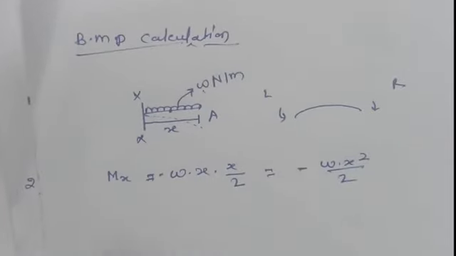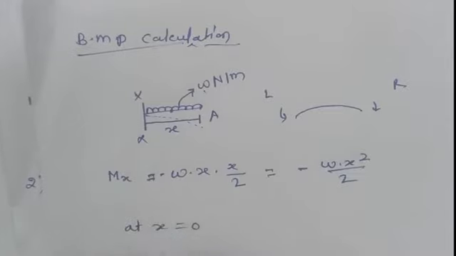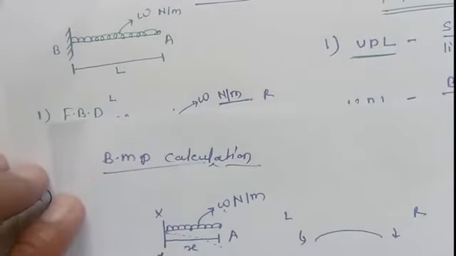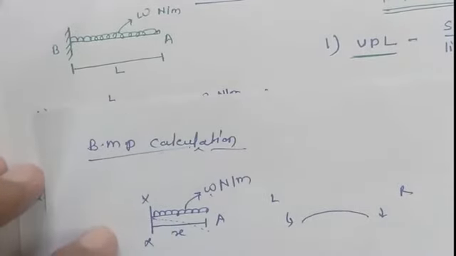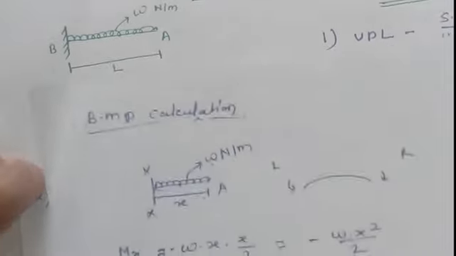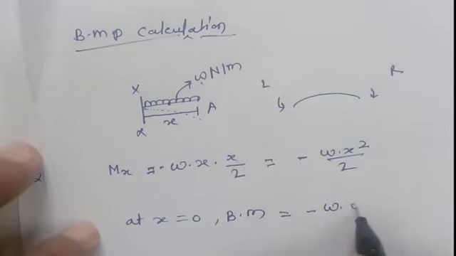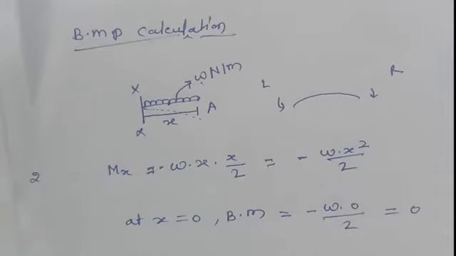Now when we calculate at x equal to 0, at A, the bending moment will be minus W into 0 by 2, which is nothing but 0. So at x equal to 0, the bending moment will be 0.